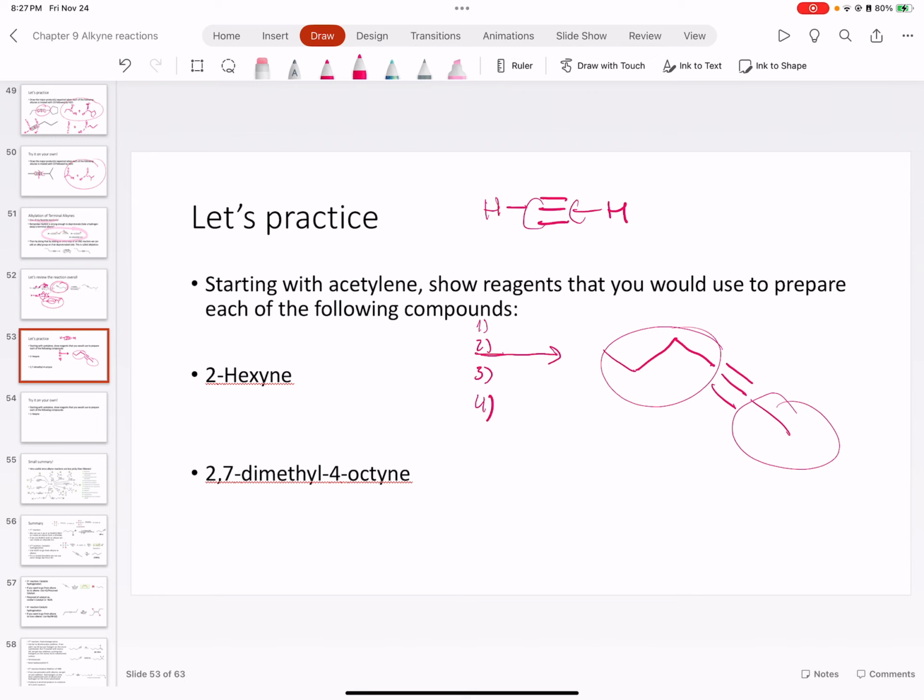So we're gonna start with our deprotonation, using NaNH2. And then our third step is also gonna be NaNH2, so it doesn't really matter what order.